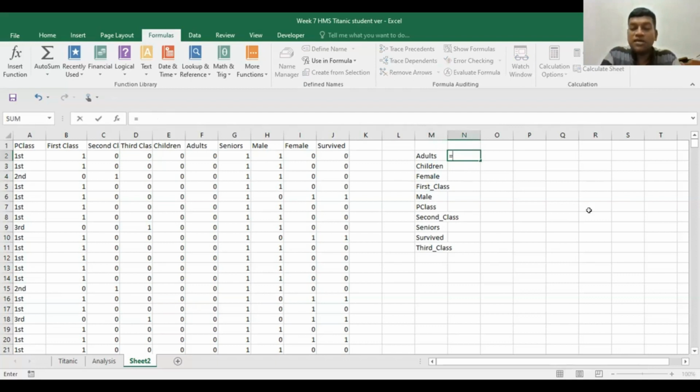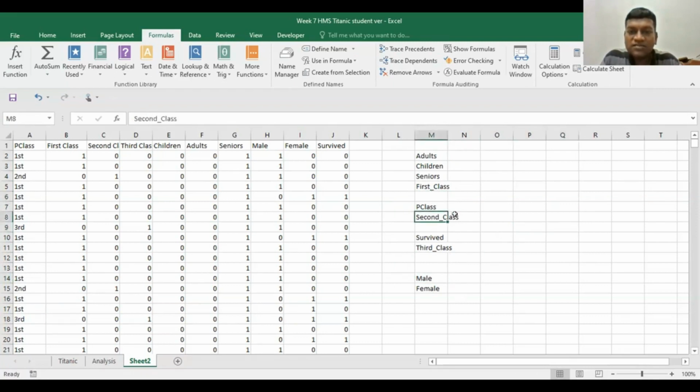Wait, before I do that, I need to put these things together. Adults, children, and seniors, because this is alphabetically arranged. So we have seniors should go here, adult, children, seniors. Then we have first class, second class, third class. So male, female comes here.